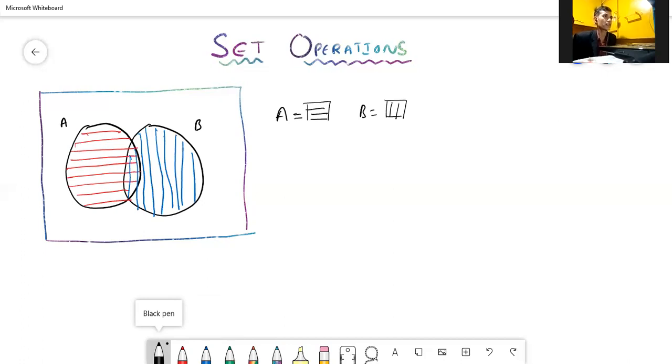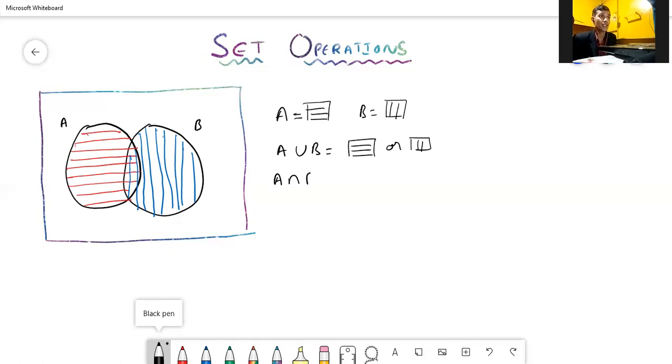Okay, here see, A union B. A union B means either in A or in B, both horizontal and vertical lines. Even the players who play both batting and bowling also will come.